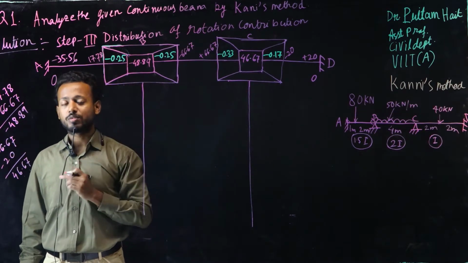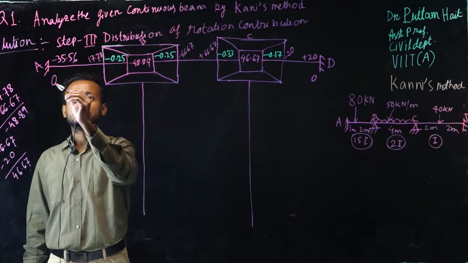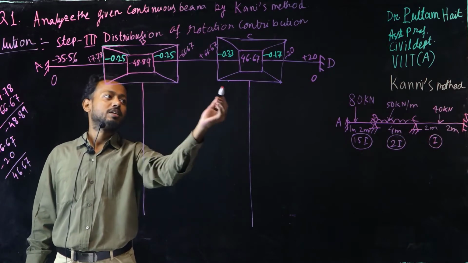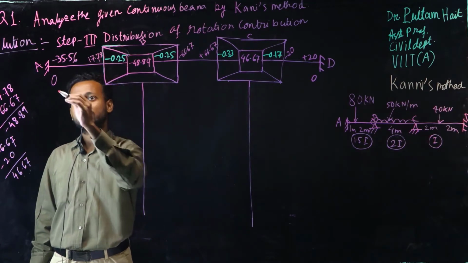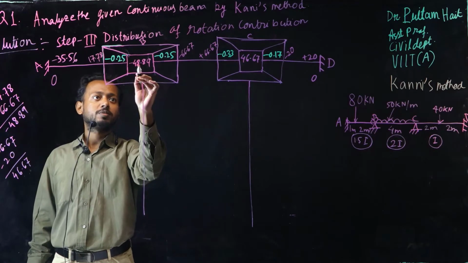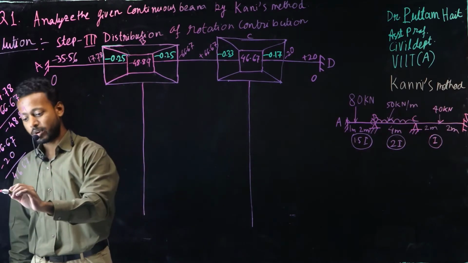Now we will start the calculation. First, we will add this moment and this moment. Here there is no moment, so we add 0 and minus 48.89.